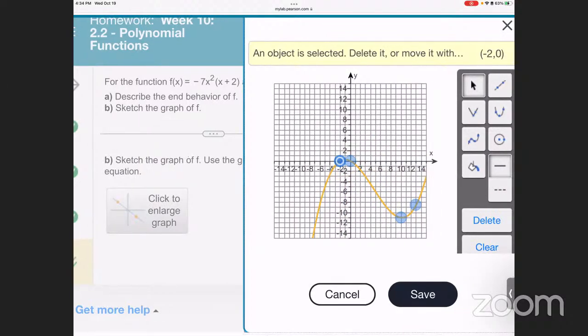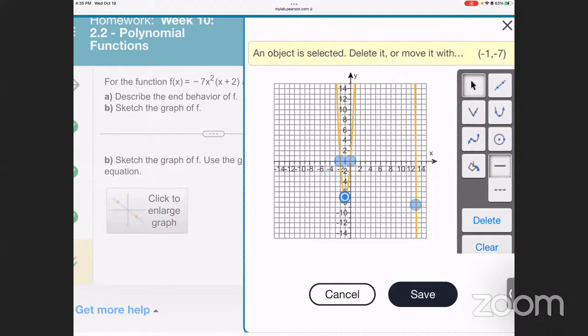So when X is -1, we're at -7. So another point is -1, -7. Right there. And then I think we kind of have the same kind of issue. And I think it's the 7 that's kind of mucking it up.